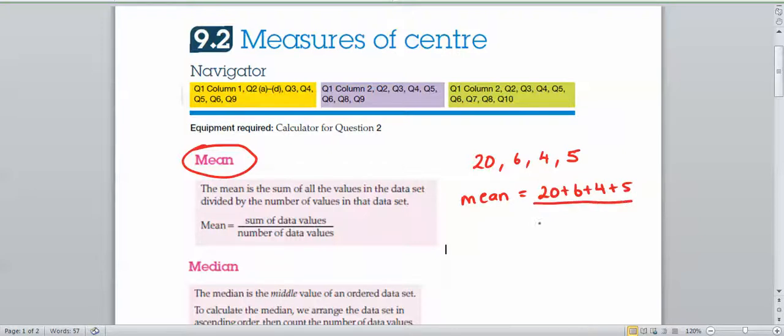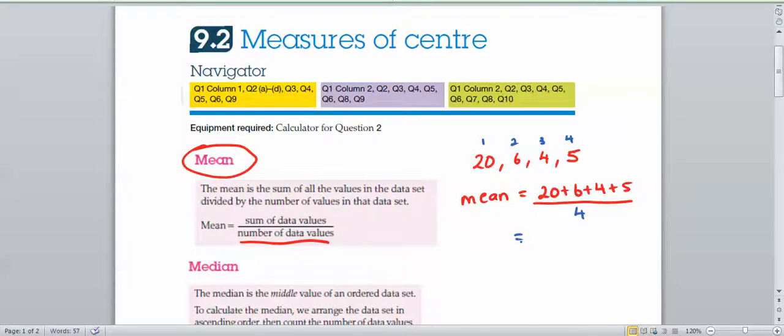And then we have the number of data values, 1, 2, 3, and 4. So the mean is the sum of those values divided by the number of values. So we've got 4 values.